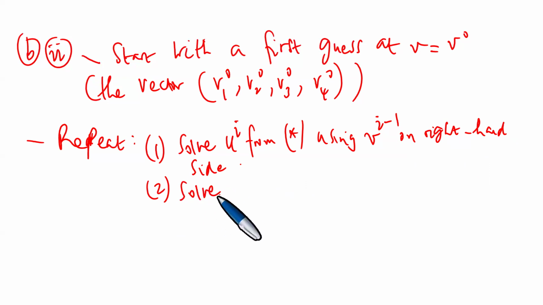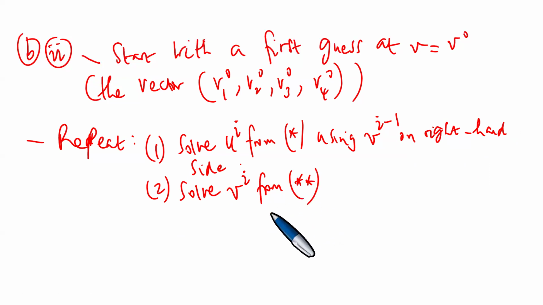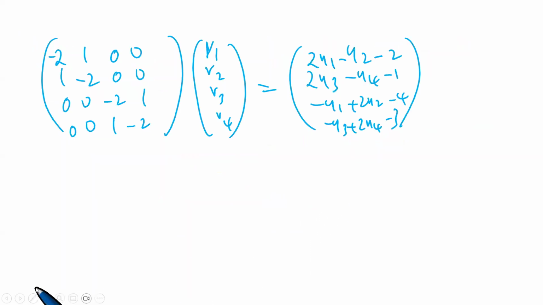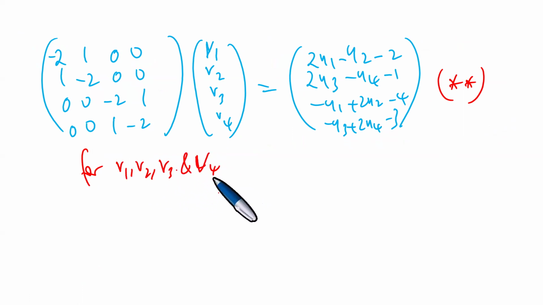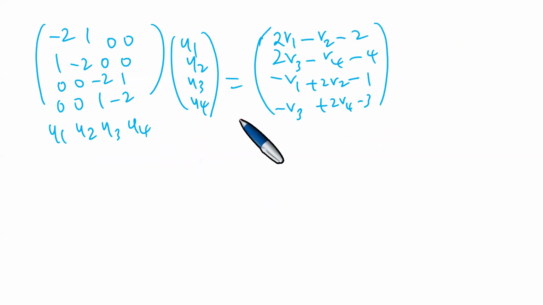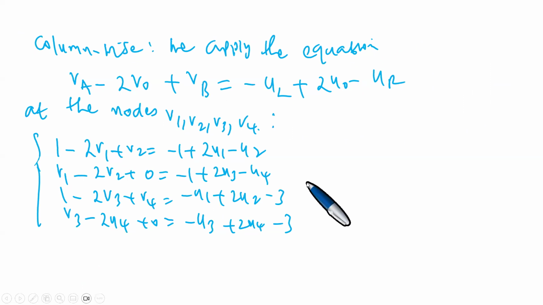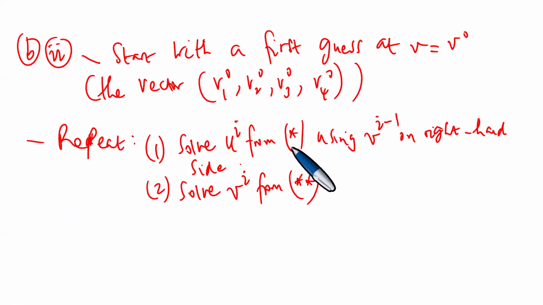Solve VI from double star. Okay, I will explain the stars. The double star is a system for V1, V2, V3, and V4. We saw that this one is for the V's, and this one is for the U's. This is the first star for the U's, U1, U2, U3, U4. So solve UI from star, the first one for the U's, using V to the power I minus 1 on the right-hand side, and solve VI from double star.